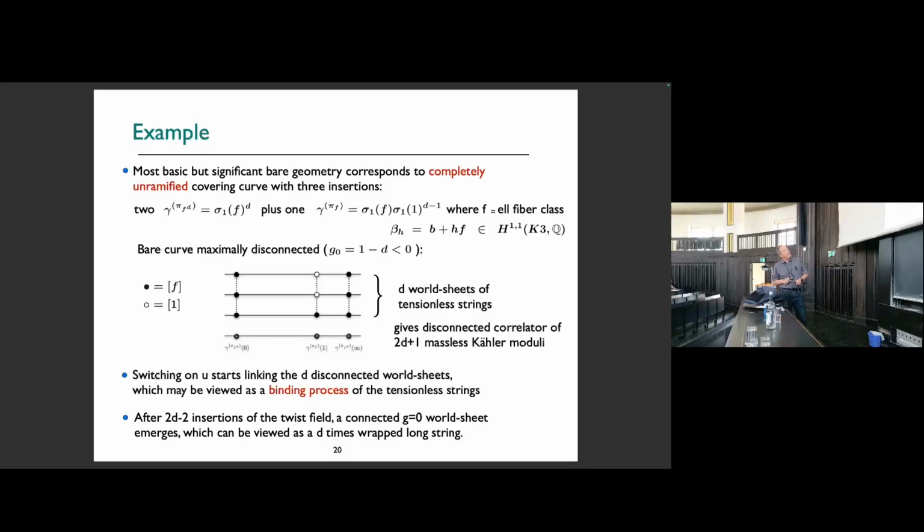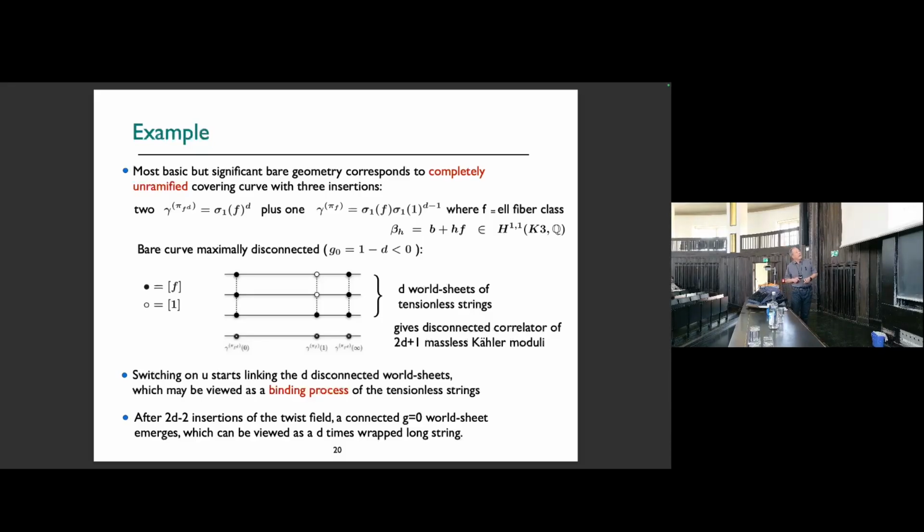So we have D world sheets of tensionless strings, which gives a disconnected correlation function of 2D plus 1 massless scalar moduli. And switching on U then will add connections to these sheets. So after 2D minus 2 insertions, then we will finally generate a genus 0 connected world sheet. And adding more and more insertions then generates higher and higher genus Riemann surfaces.